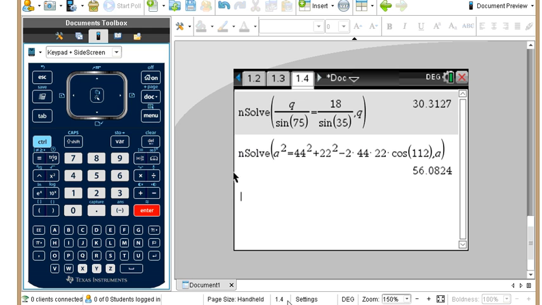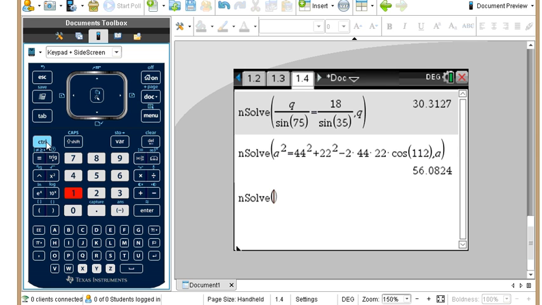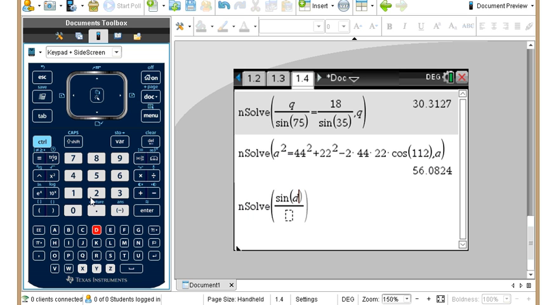And we can go to our calculator again. Menu 3, 1, control, division. We're going to have sine of D over 17, our known side, equal to the sine of our known angle, which is 60 degrees, over our known side, which is 19.